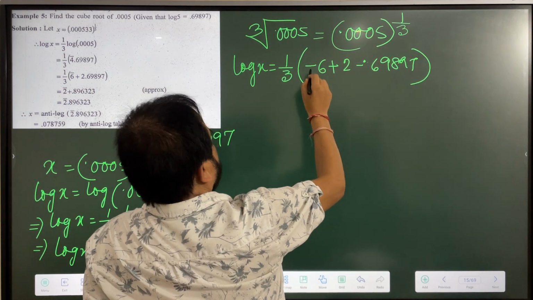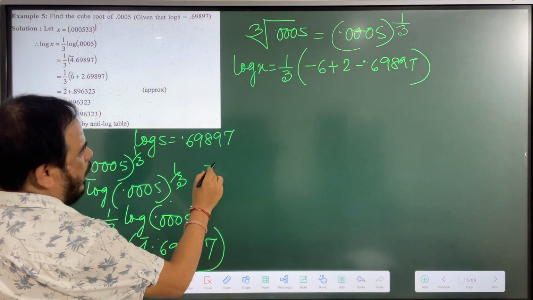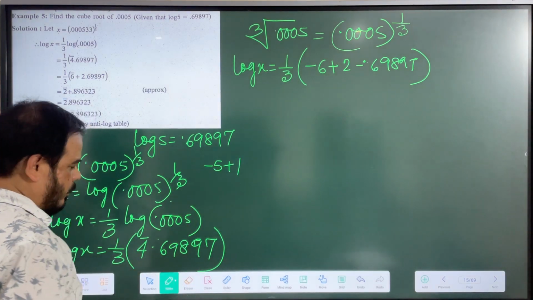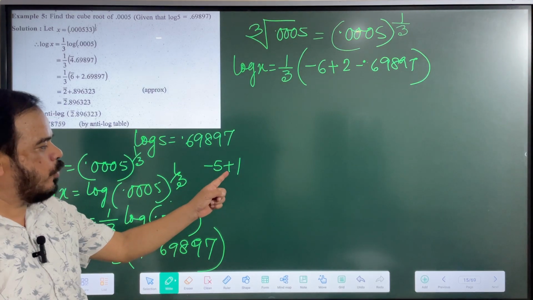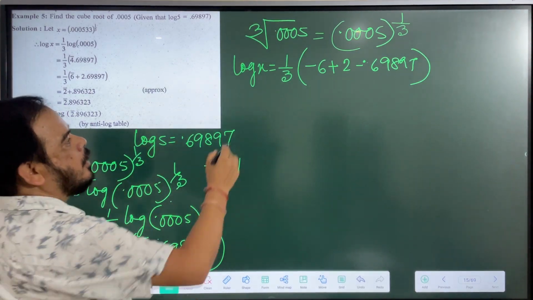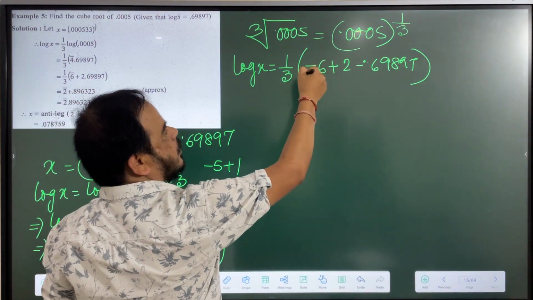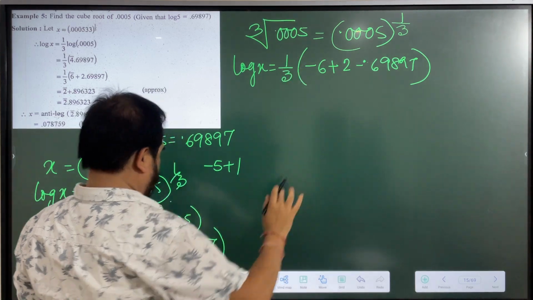Why is it actually this 4? In general, what we do? Minus 5 plus 1. 4 bar means minus 4. Minus 4 we can write as minus 5 plus 1, also it is correct. But here it is done as minus 6 plus 2, because by 3 you can cut 6. It will be easy for us to do the calculation. That is why this is done like this.